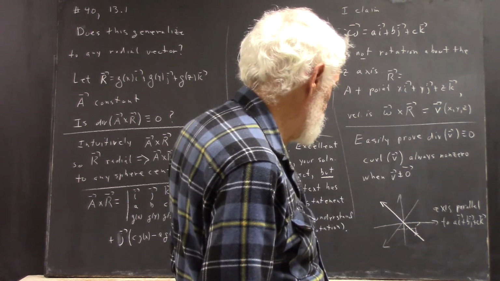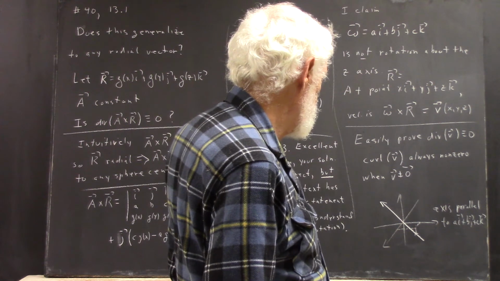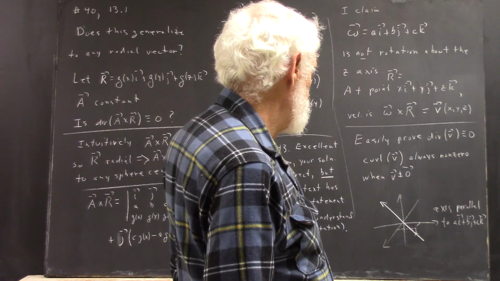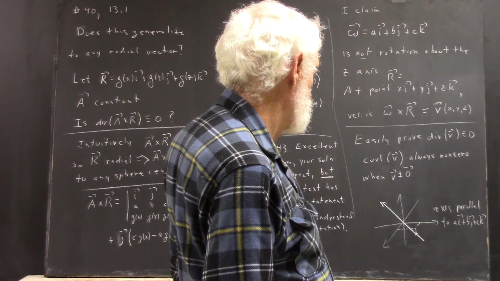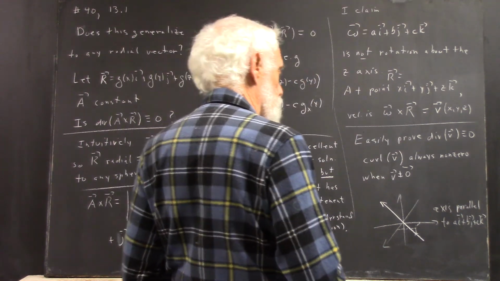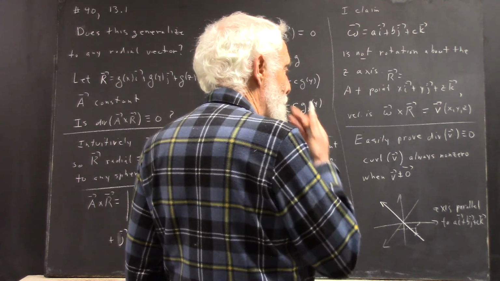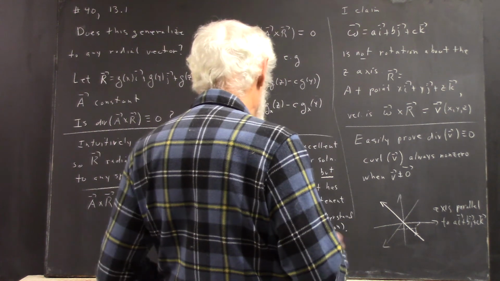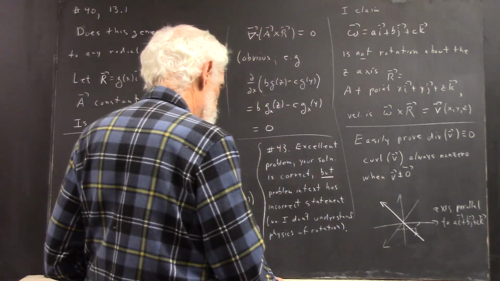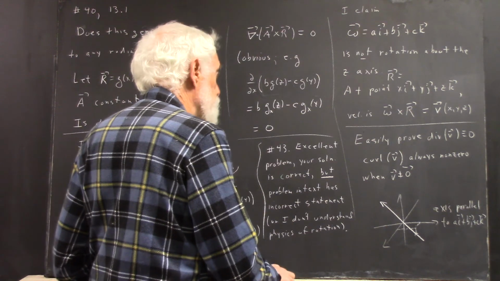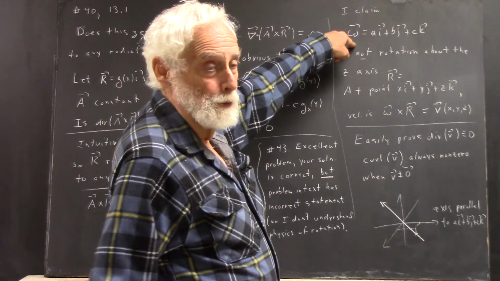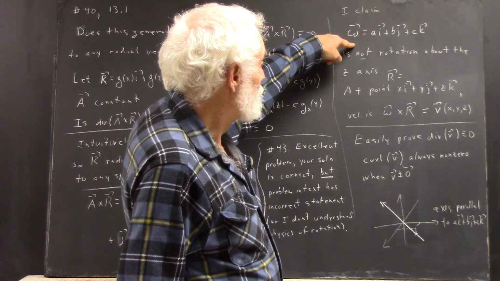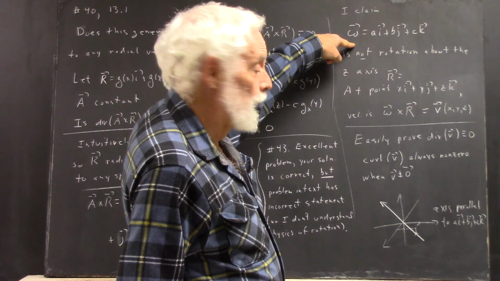I'm probably going to have trouble depicting this. Let's see what's a good convenient point to use. Point xi plus yj plus zk. I'm not going to try to depict it. Okay. All I'm saying is it's not a rotation about the z-axis. Okay. That would be rotation about an axis through the origin.